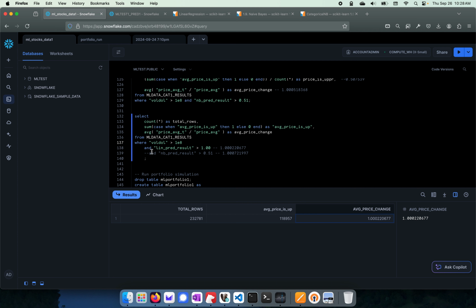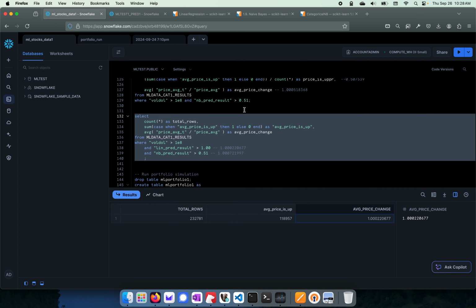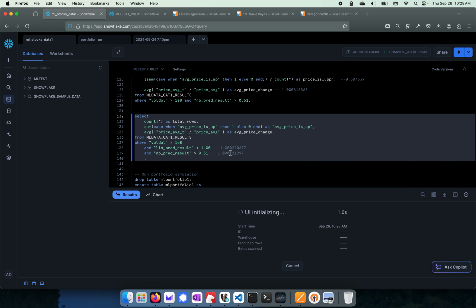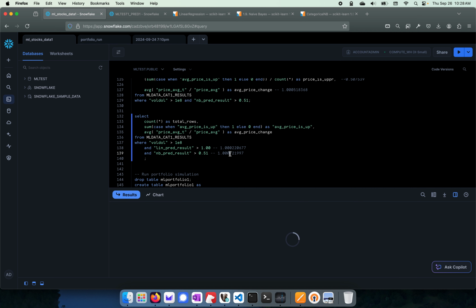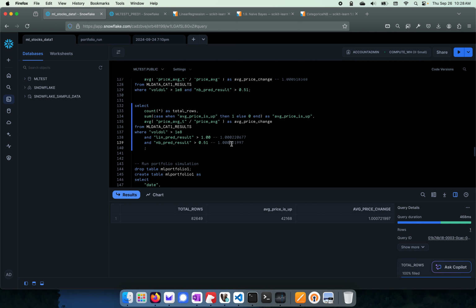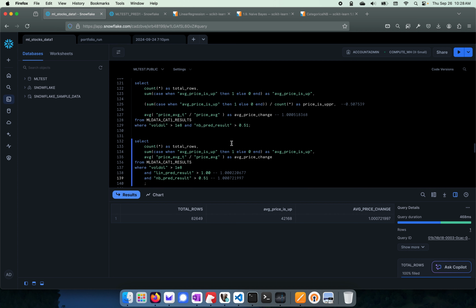And then if we further add the naive Bayes classification, we actually move that number up to 0.07% on average change within these years. So that's really good. That's much better than the average.